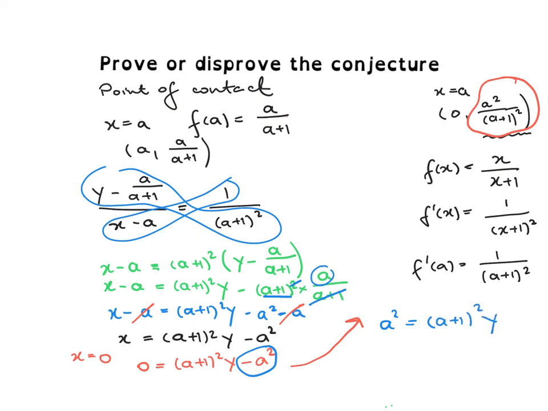Now we get rid of this part by dividing both sides by the same thing, (a plus 1) to the power of 2. Now this is gone, so therefore y is equal to a to the power of 2 over (a plus 1) to the power of 2.